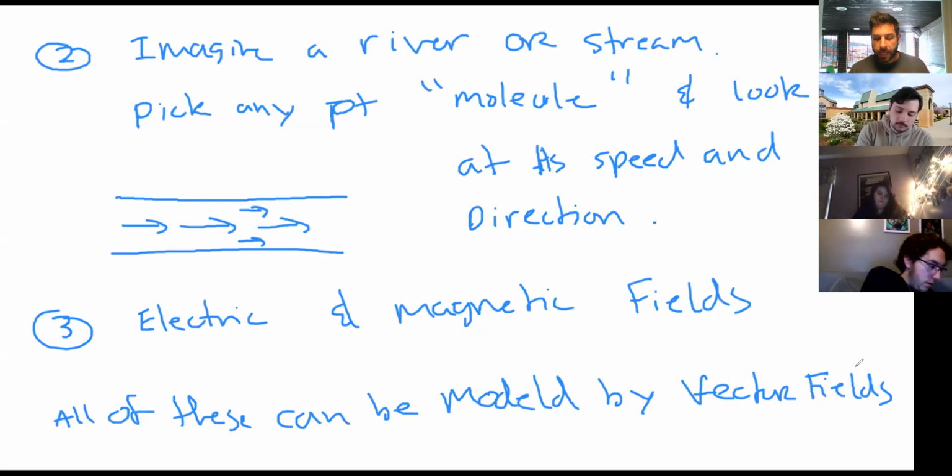And you would imagine that the reason these things are called vector fields is precisely from the historical context. Where do you think these types of functions first arose? When people were studying things like fluids, and people were studying things such as magnetic and electric fields.